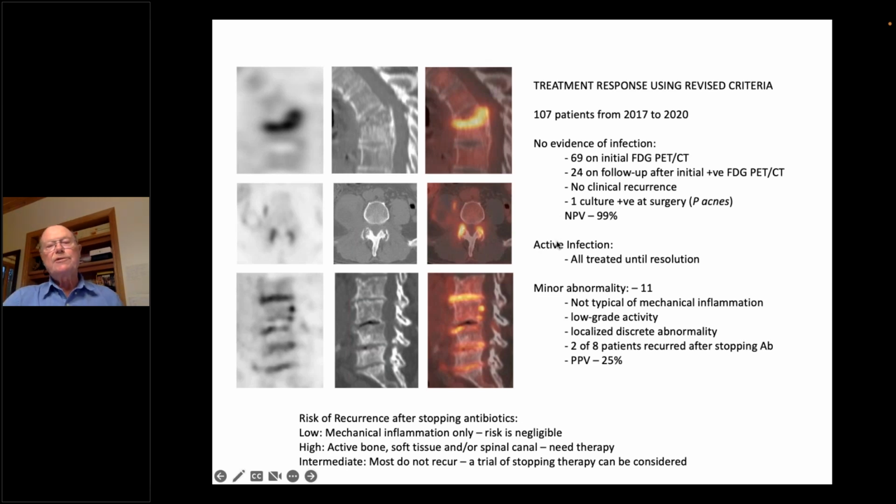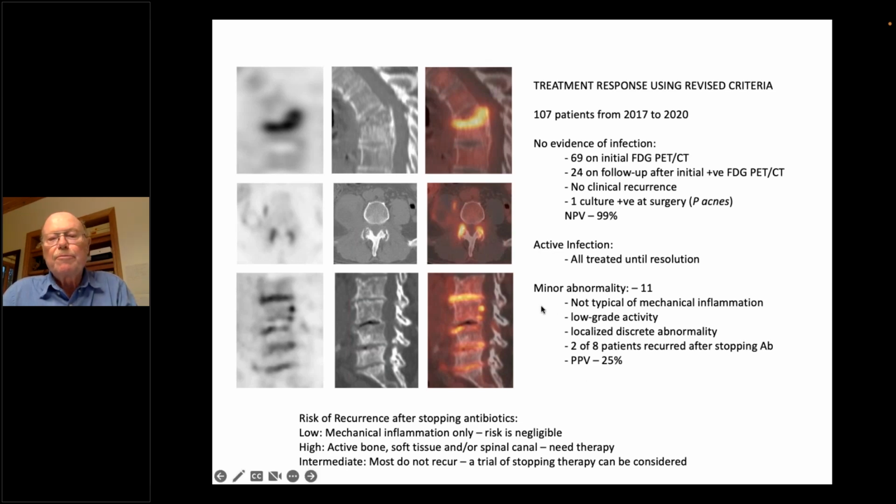All active patients were treated for infection until resolution. I guess that illustrates that the confidence in the results of PET CT had increased significantly since the initial series.